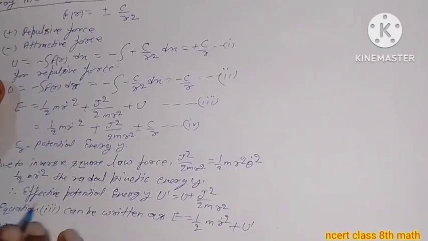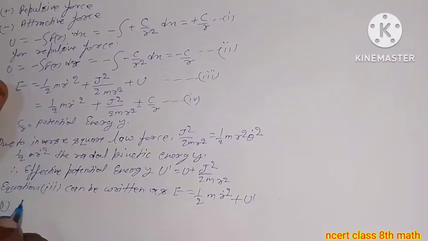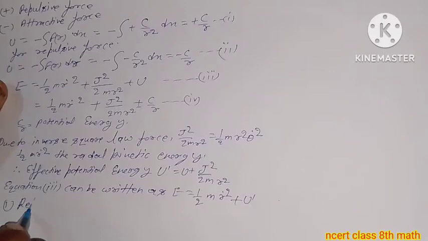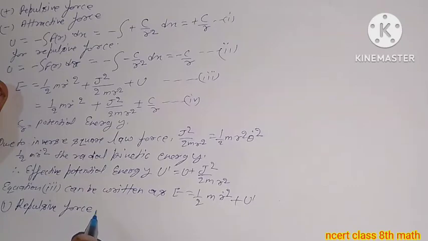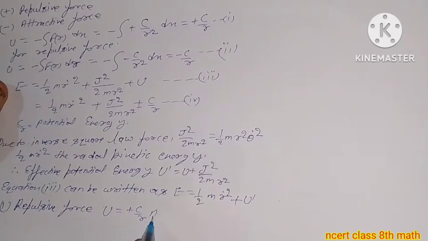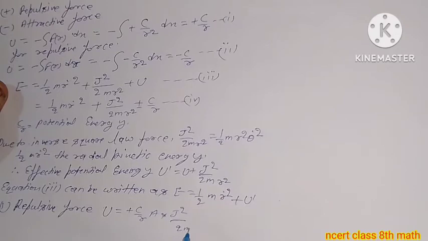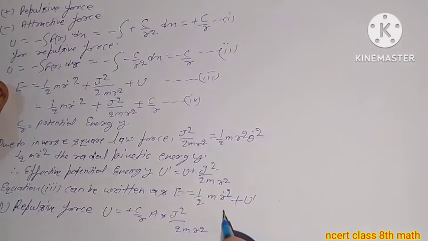First is a repulsive force. U equal to plus C upon r, and J square upon 2m r square is always positive.